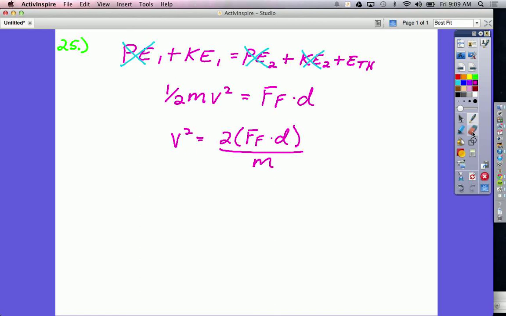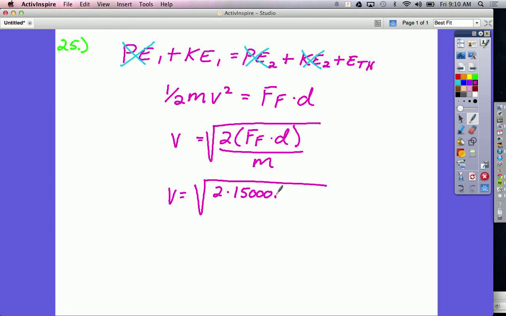Now I don't want v squared, I just want v. So I'm going to get rid of the squared by taking the square root of that right side. Now I can plug in some numbers. So I get the square root of 2 times the friction force, which was 15,000 newtons, times the distance, which was 0.04 meters, and the mass of the bullet was 0.1 kilogram.